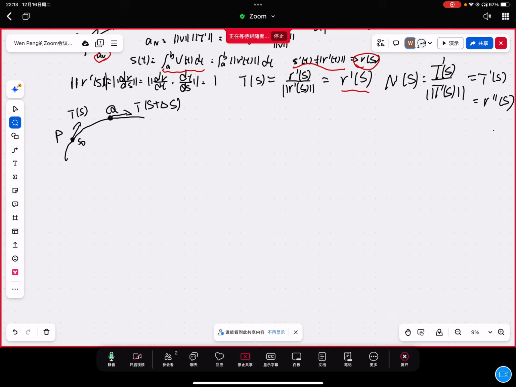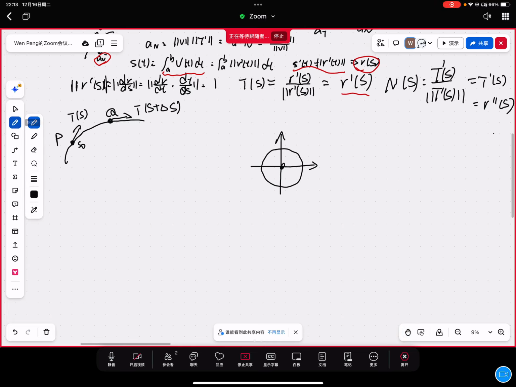So let's see what a circle looks like. Let's investigate the easiest case. When the circle is centered at 0, 0, we can use the idea of polar coordinates, which gives you c of theta equals r cosine theta.